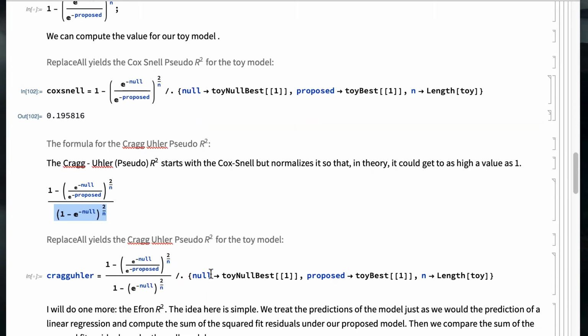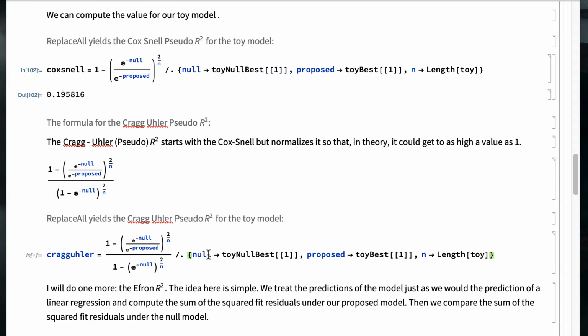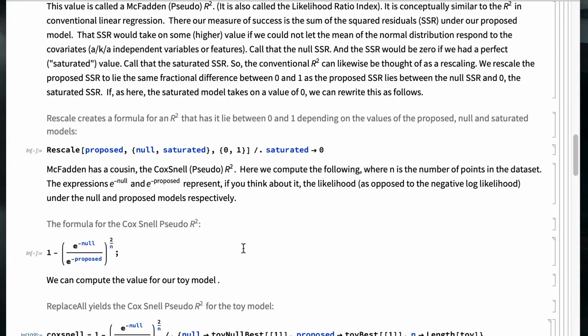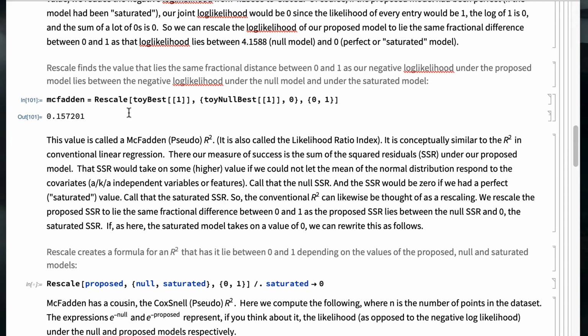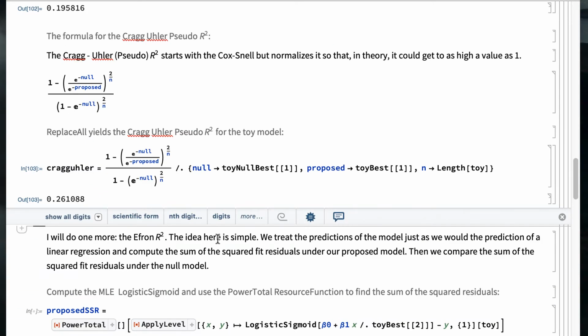And so the Cragg-Uhler will generally be bigger. Let's compute it for our data, and it's 0.2610. So again, if I want to show, ooh, look at my big R squared, I might use a Cragg-Uhler. If I want it to be a nice little, an eensy R squared, I might use McFadden or Cox-Snell. So you got to watch what people are up to.